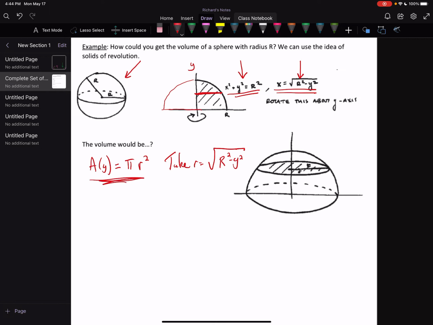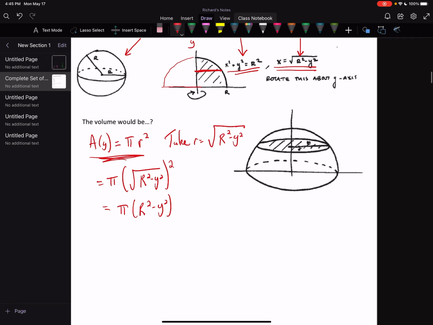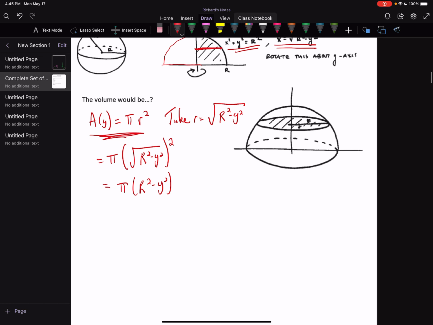Okay, so we need to substitute that in and simplify. And squaring this actually removes the square root. And so we're left with pi times R squared minus y squared.